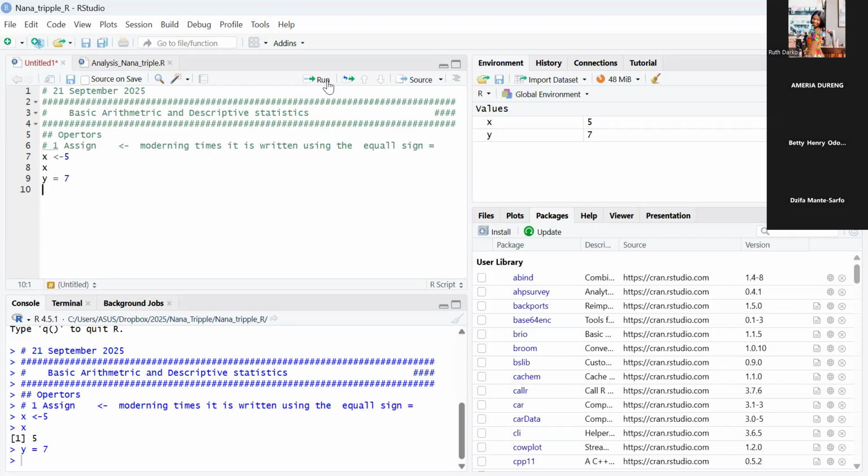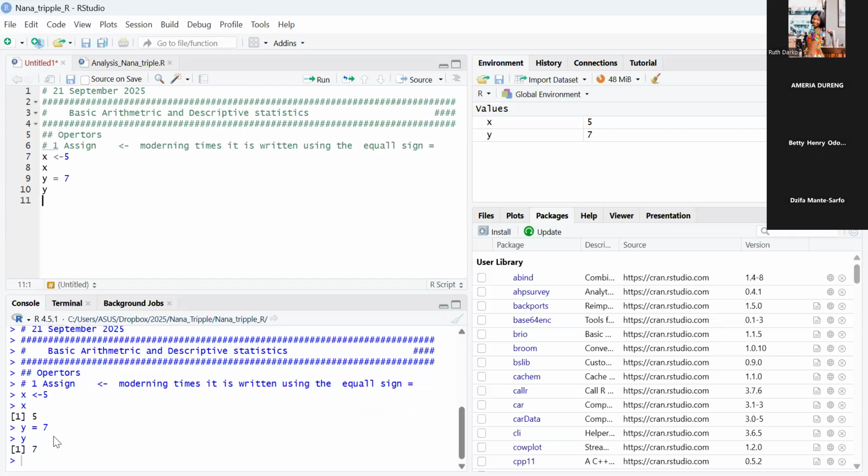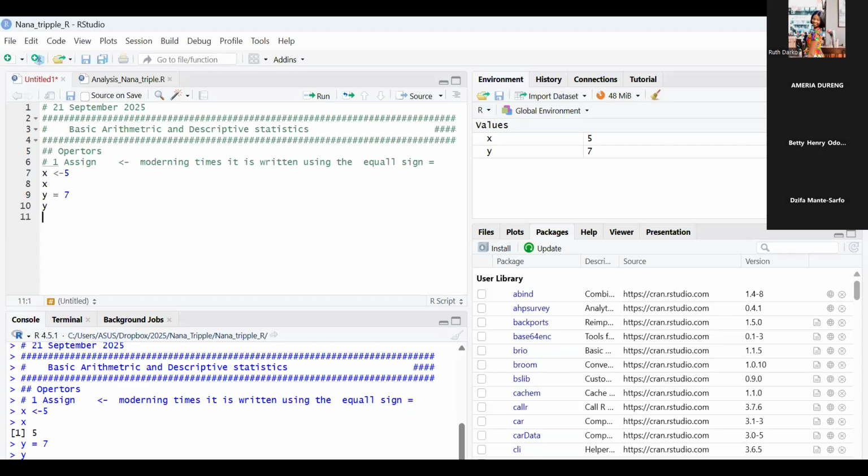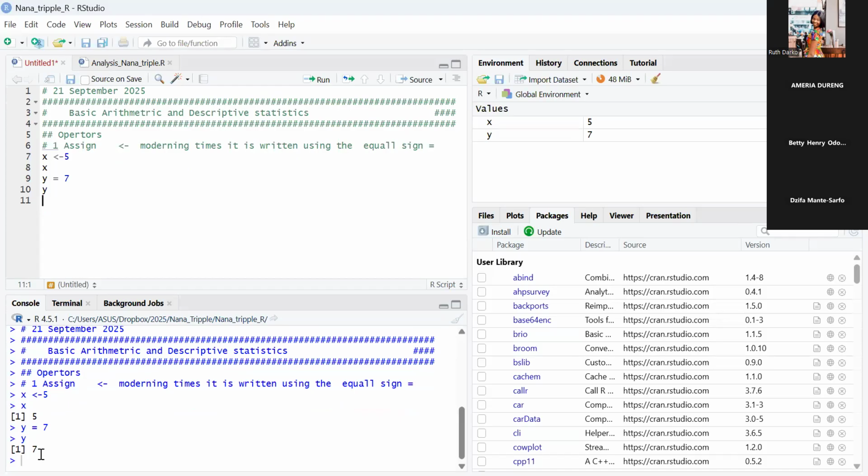And I type Y again, I tell R, give me back Y. Look at what it will tell you, and look at the console. When you run it, it gives you a vector. The box sign is a vector sign. So it says Y is 7. What about if I want to do some basic addition?